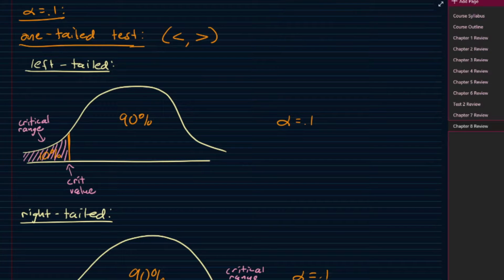Alpha represents, again, the maximum probability of committing a type 1 error. So it's kind of like, is it so far out of our acceptable range to reject the null hypothesis? Is it so far out of just possible error that we have to reject it? This is like our tolerance level, essentially.